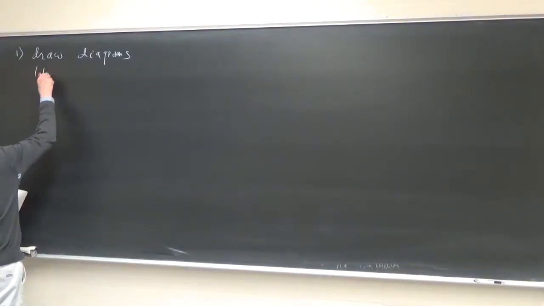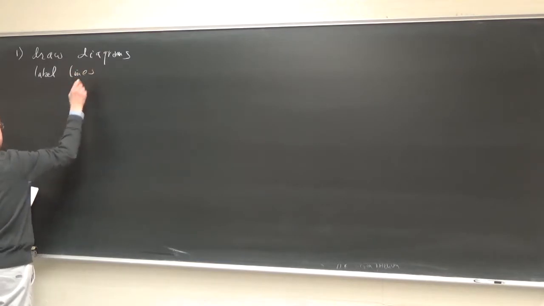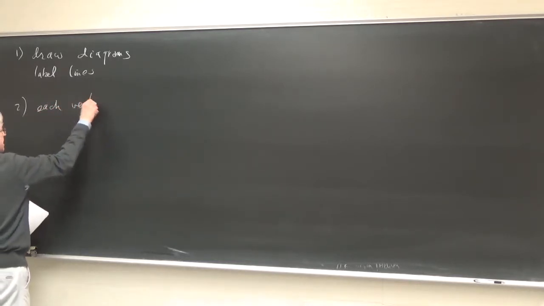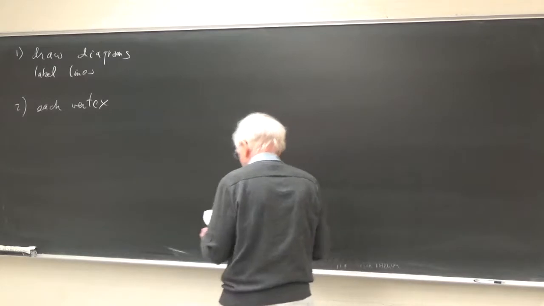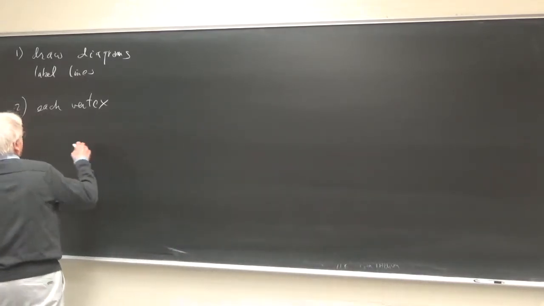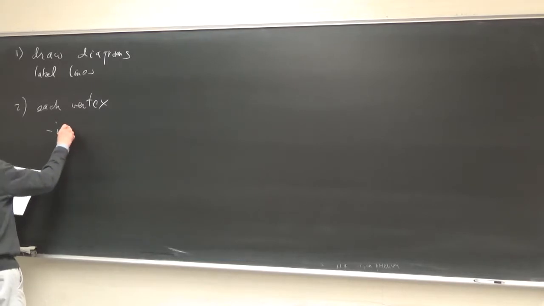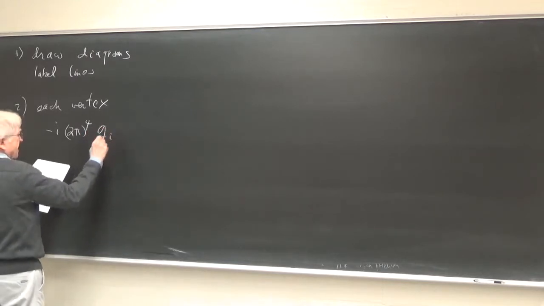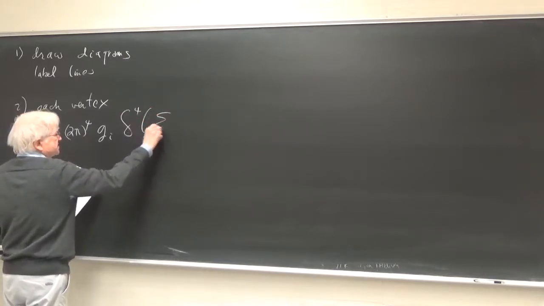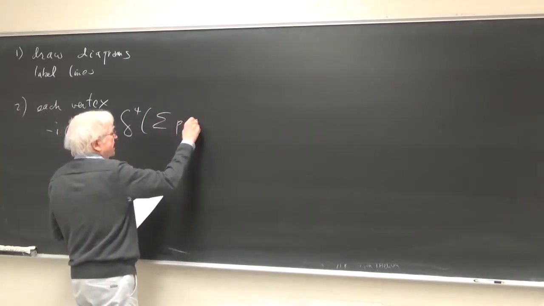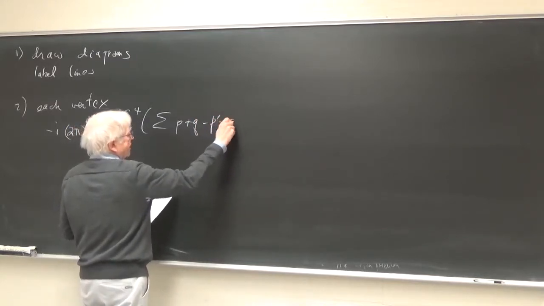So label lines. The second thing is that each vertex, and so far we've had diagrams with one or two vertices, gives you a factor: minus i, 2 pi to the fourth, a coupling constant associated with the vertex, and a delta fourth, which is a sum of all incoming minus outgoing momenta.